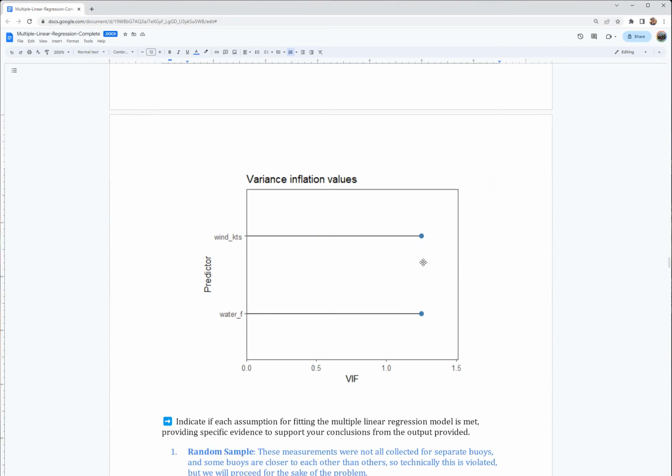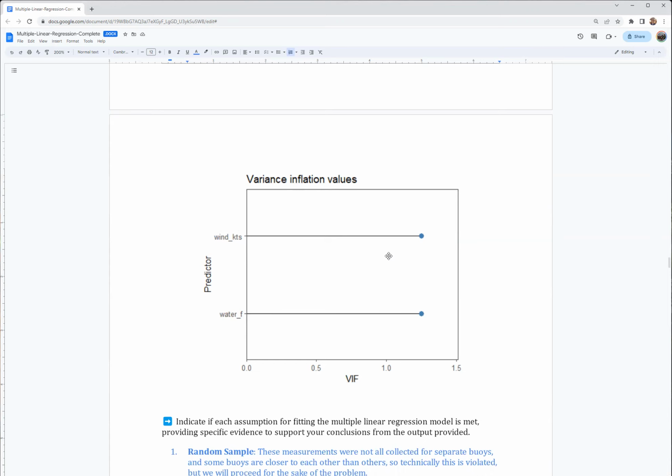So here we can see our two predictors, wind speed and water temperature. They both have a VIF of about 1.3, so it is not bigger than 5. And note that anytime you have two predictors, because the VIF measures how much a predictor is related to all other predictors in the model, they will always have exactly the same VIF value.